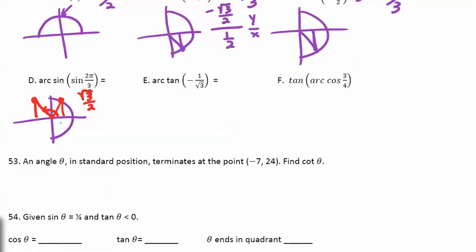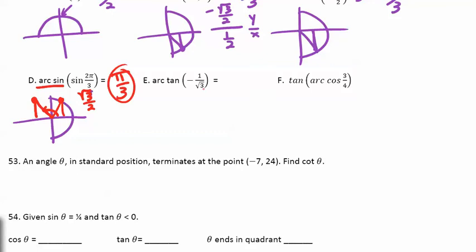And what other angle has a sine of radical 3 over 2? That would be 1/3 pi. So we're using angles that have the same sine value, but remembering our restrictions, that arc sine, our answer has to stay between negative pi over 2 and positive pi over 2.